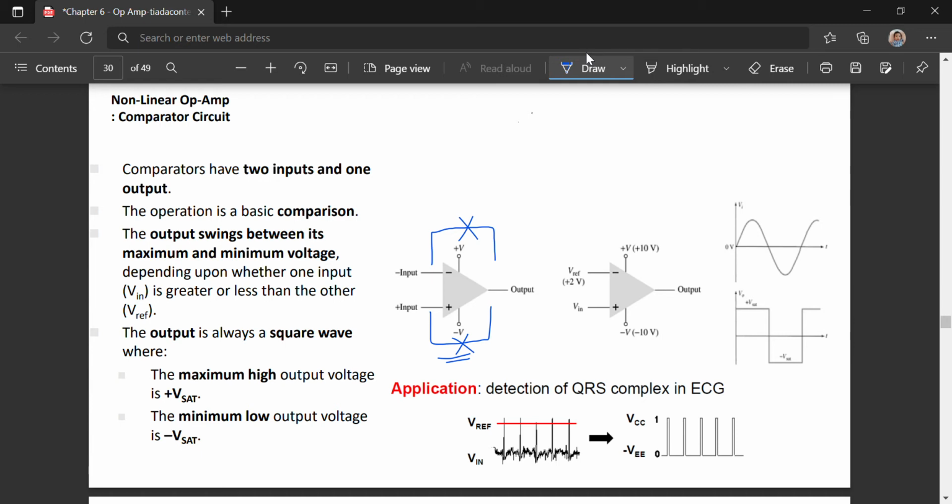So for example here, I want to compare Vin with Vref. So Vin is a sine wave. For example, in this case, I put it as 5 sine omega t volt. And then Vref as 2 volt.